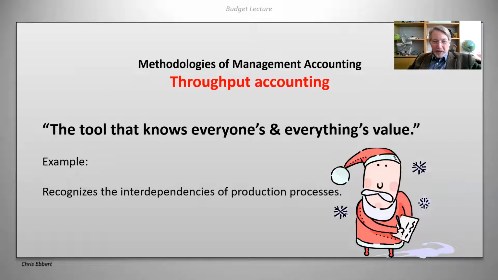Then there is an interesting thing called throughput accounting, which sounds a bit faster than it is, because really what you're doing is you're taking into account the effect of things on other things on your list. So let's say, for example, that one thing on your list is the coffee, and another thing is employee performance.